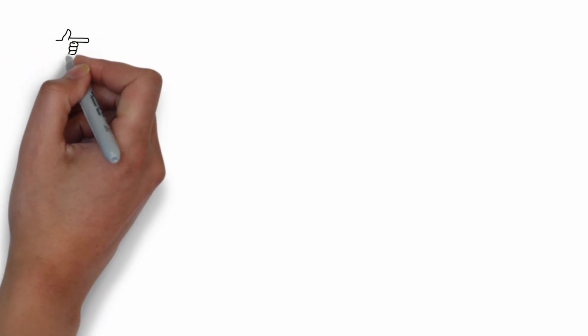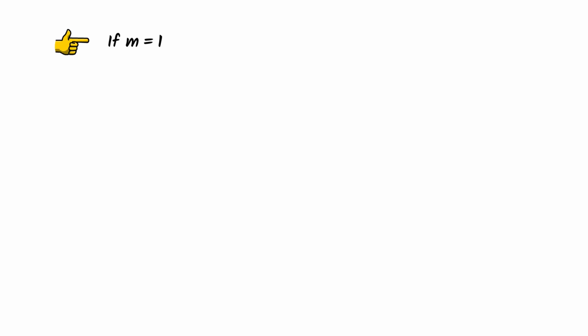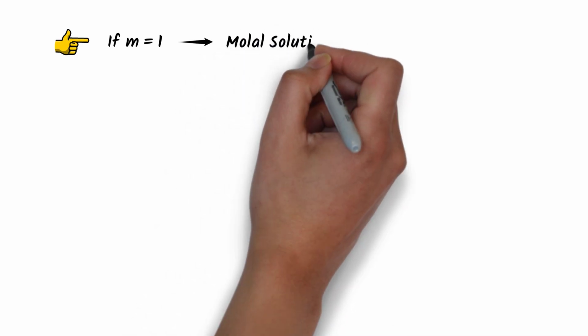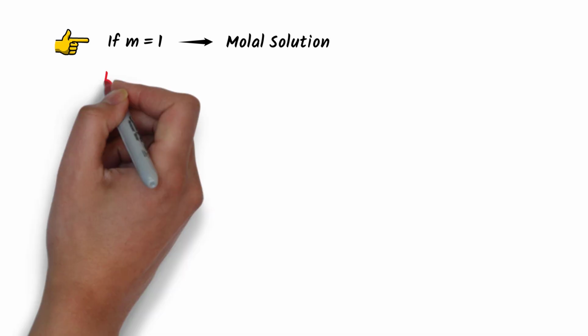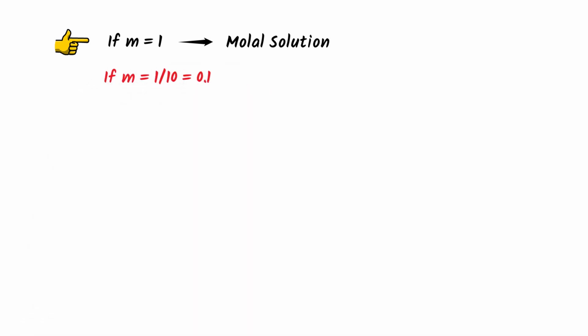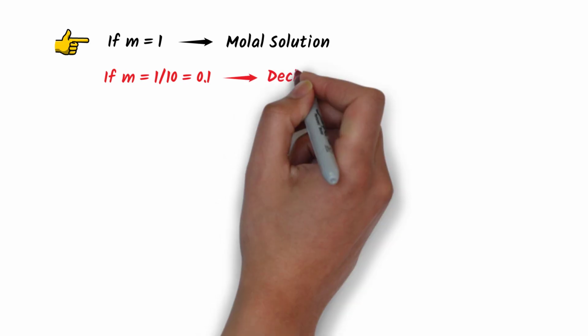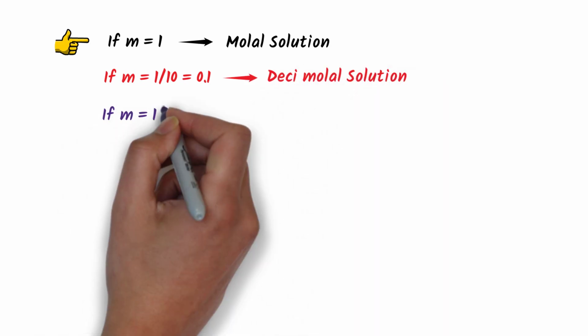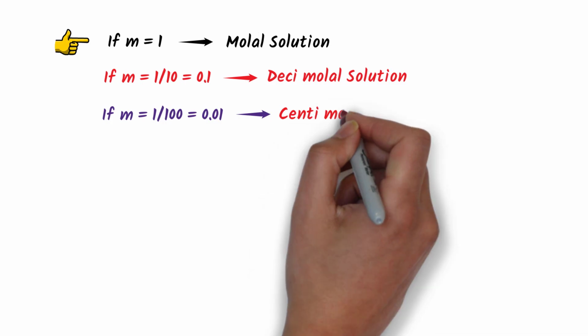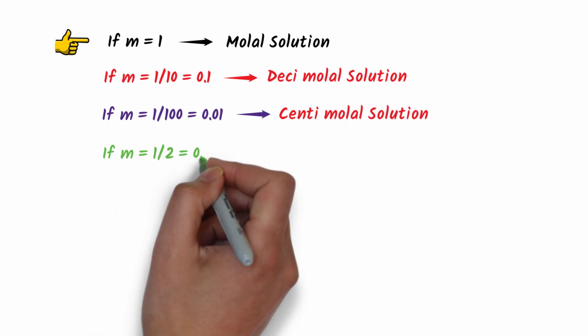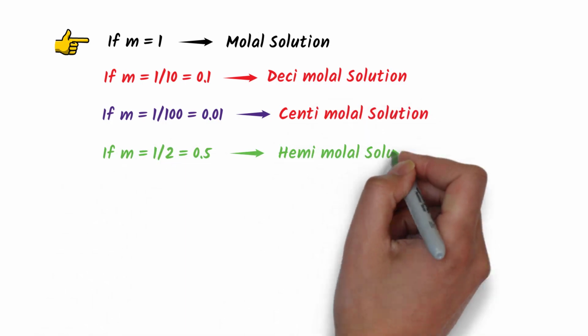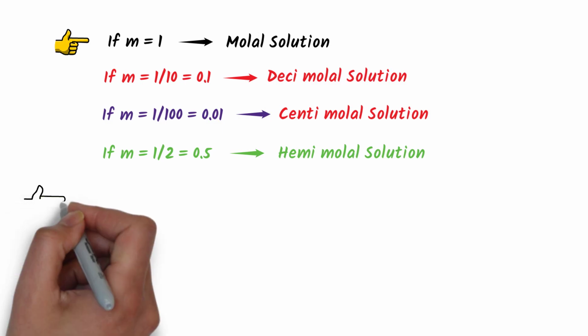Now, for a solution, if molality is equal to 1, then it's called a molal solution. Similarly, if it's 0.1, that's 1 by 10, it's a decimolal solution. For 0.01, it'll be a centimolal solution. And if molality is equal to 0.5, it'll be a hemimolal solution.